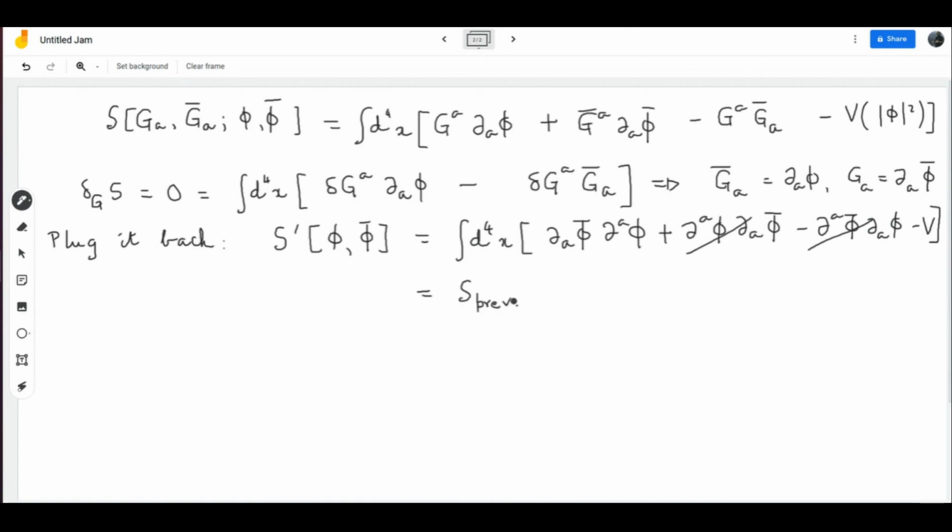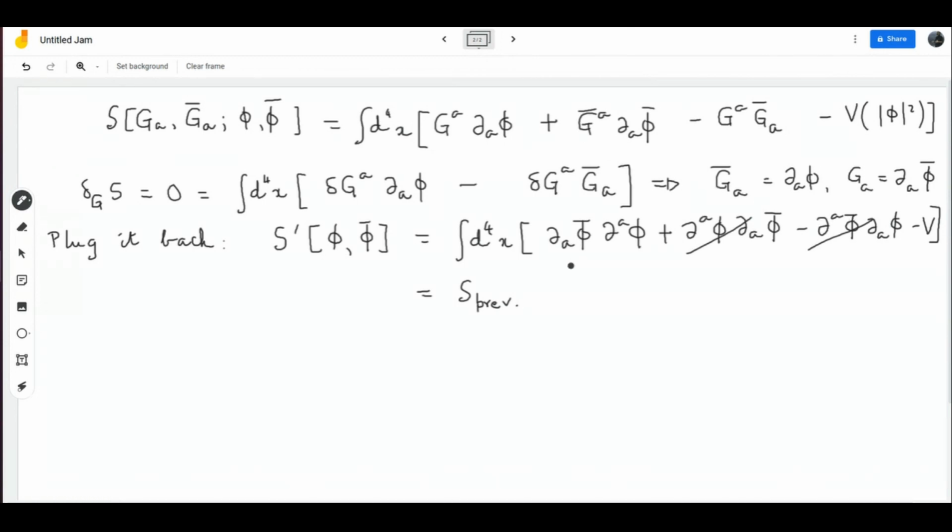So what we have shown is that this action is equivalent to the previous action for a complex scalar field if we take the variation and use the equation of motion to eliminate g and g bar. Then we get back the previous action.